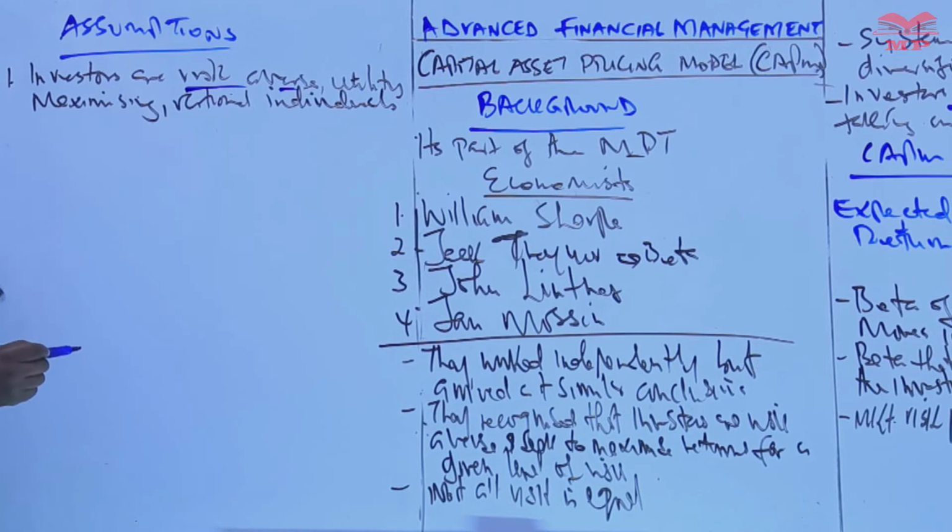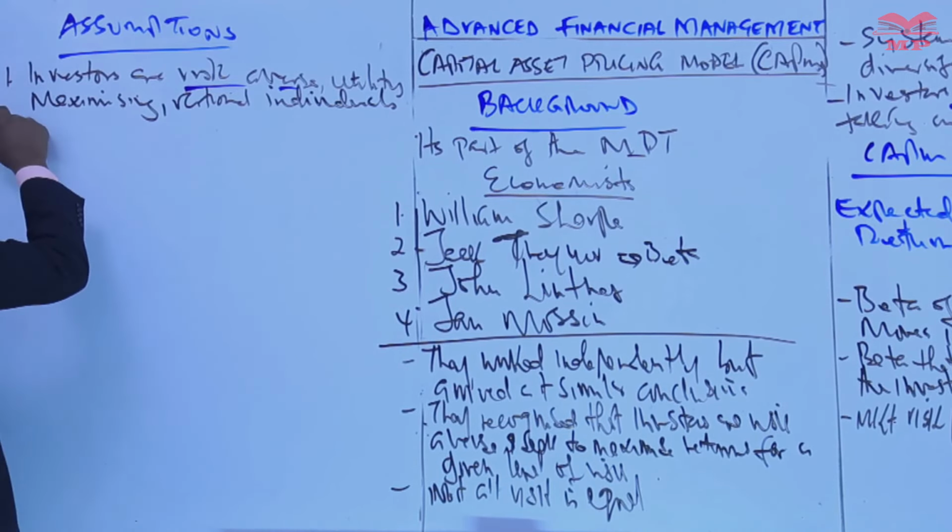Investors prefer higher returns to lower returns. They also prefer less risk to more risk. And investors make rational decisions to maximize their expected utility. That's the first assumption.